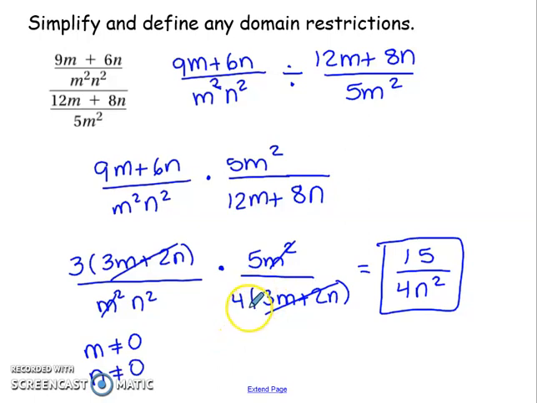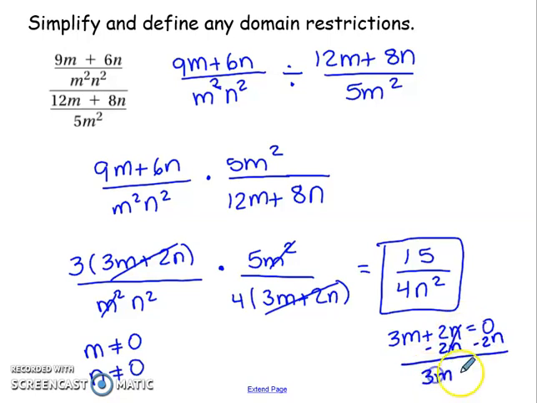Now here, because there are two variables, we have to solve for m and also solve for n. So I'm just going to write it on the side so you can see here. So 3m plus 2n equals 0. If I want to solve this for, let's say m, I want to get m by itself, I would subtract 2n on both sides. So I get 3m is equal to -2n, and then I divide both sides by 3 to get m by itself.